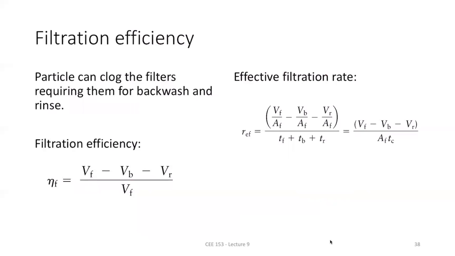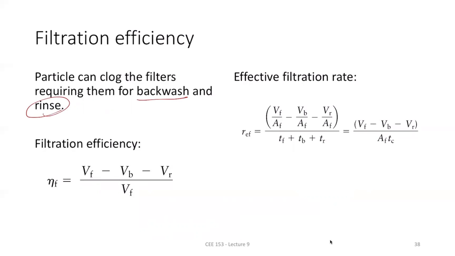So you have two processes: you do backwash and then you rinse again, so that there are no particulates coming out in the effluent. Because of that, the amount of water that you use for backwash and rinse, you cannot use for this process.